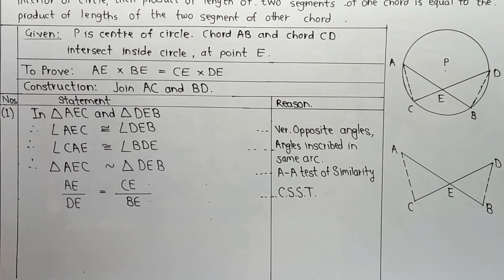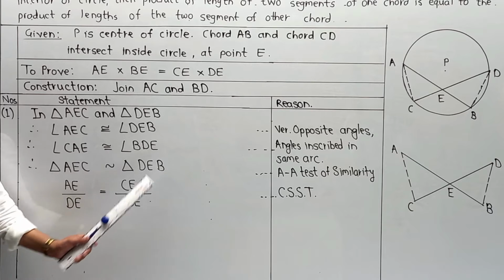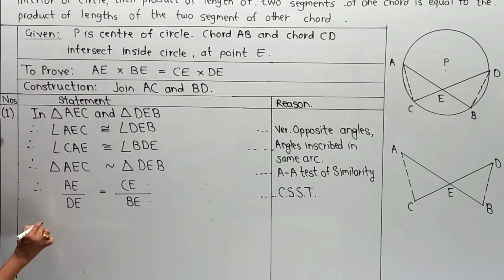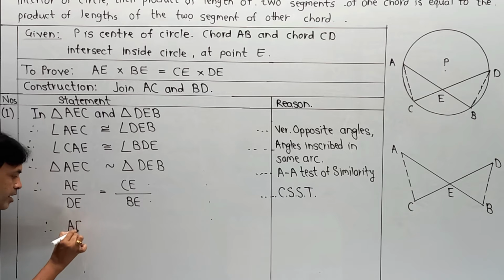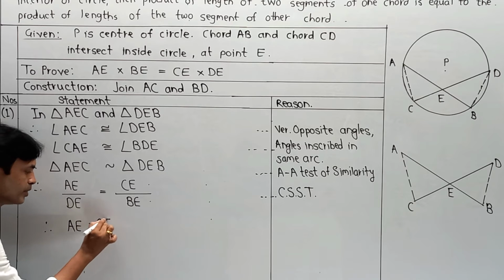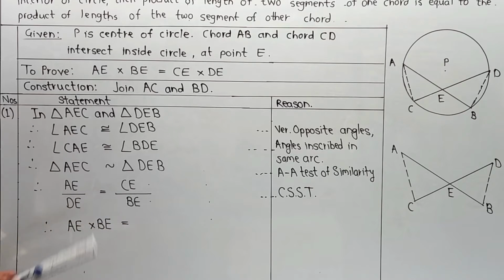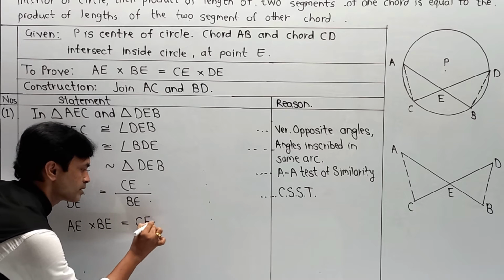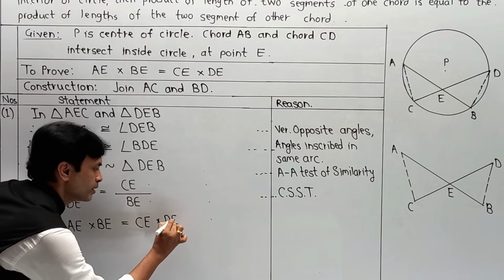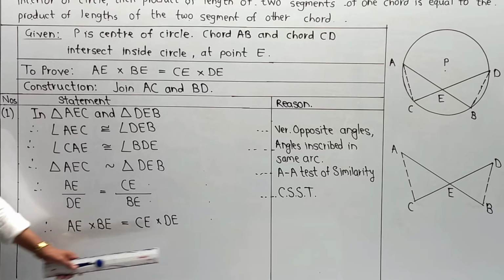Now the part is, just taking a simple cross product we are getting the result, and the part is AE into BE becomes AE into BE is equal to DE into CE, I am writing it as CE into DE, and this is our required proof.